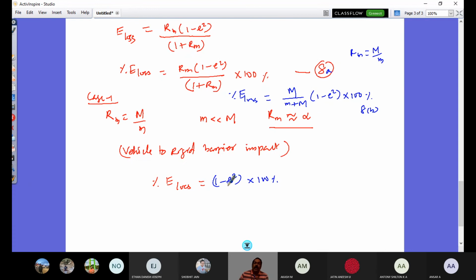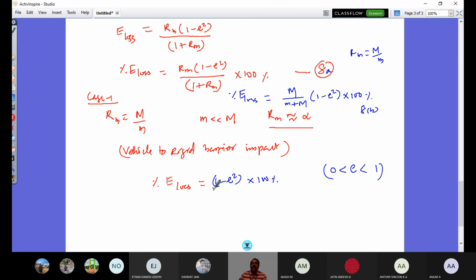The E value varies between 1 and 0, with respect to the definition of the coefficient of restitution. It cannot be greater than 1. It can be 1 for perfectly elastic impact. It can be 0 for perfectly plastic impact. So we want the E value closer to perfectly plastic impact.